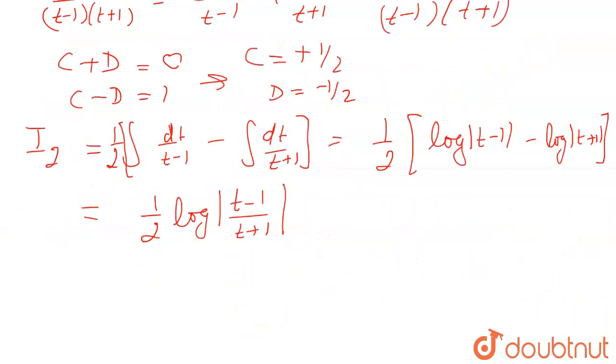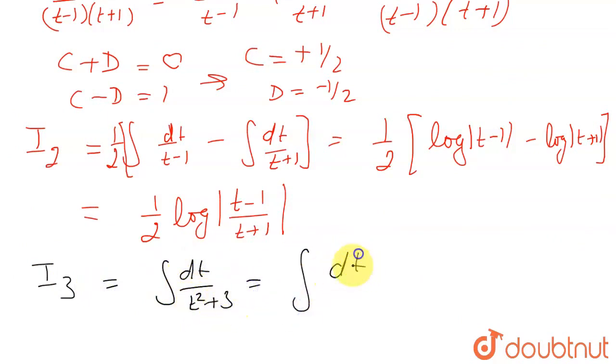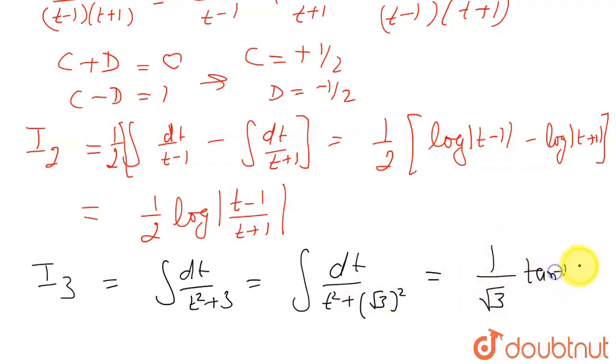Our I3 is integration of dt upon t square plus 3, which we can write as integration of dt upon t square plus root 3 square, which will be equal to 1 by root 3 tan inverse t by root 3.